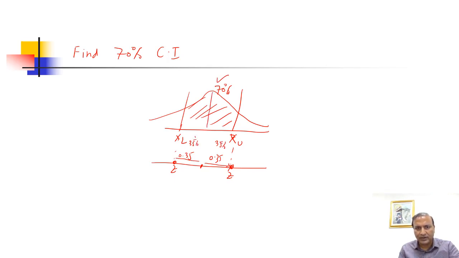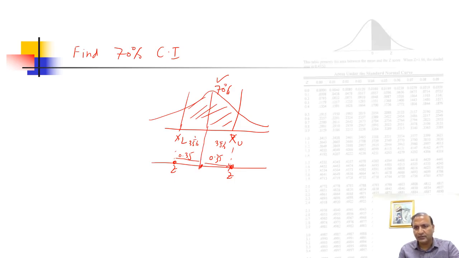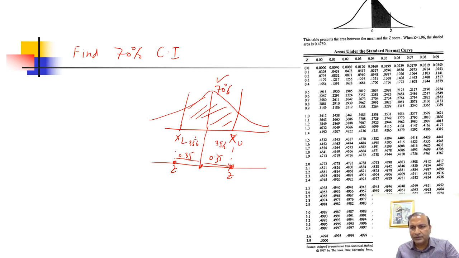So if we divide it in the middle, now I can go back to the table and see for this 0.35, what is the corresponding Z value. So if I go to the table here, now I have to look inside the table, not the outside, because I need the outside number. But first I have to see where 0.35 is inside the table.